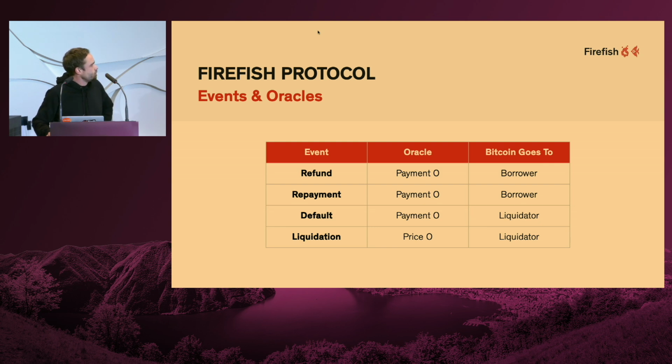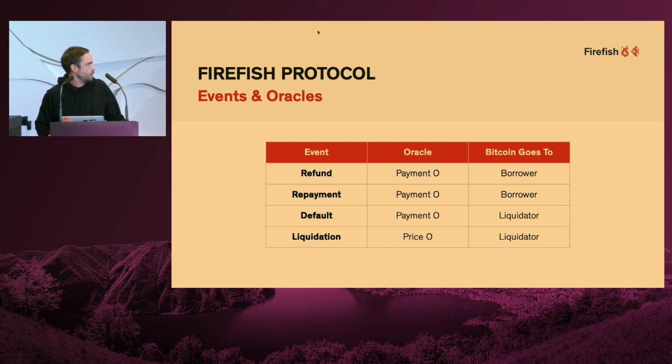So what kind of data do you need to trigger this event? It's payment data. You need to somehow have access to the payment system and attest to whether the payment did or didn't happen. In this case, if the event is triggered, the Bitcoin should go to the borrower. And we can go on and on.